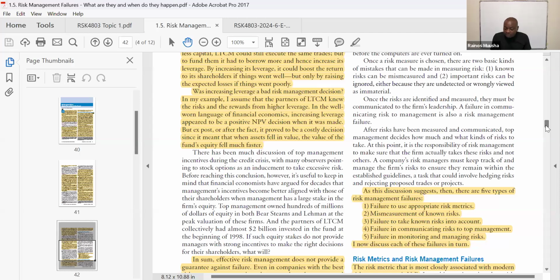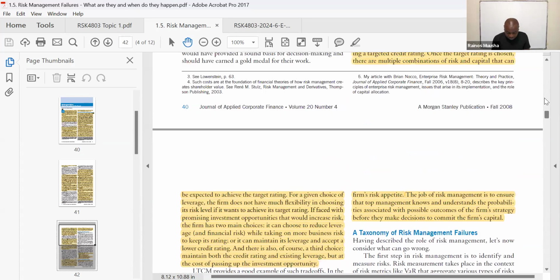The third one is failure to take known risks into account. The fourth one is failure in communicating risks to top management. And the fifth risk management failure is failure in monitoring and managing risk. So these are the 5 types of risk management failures.